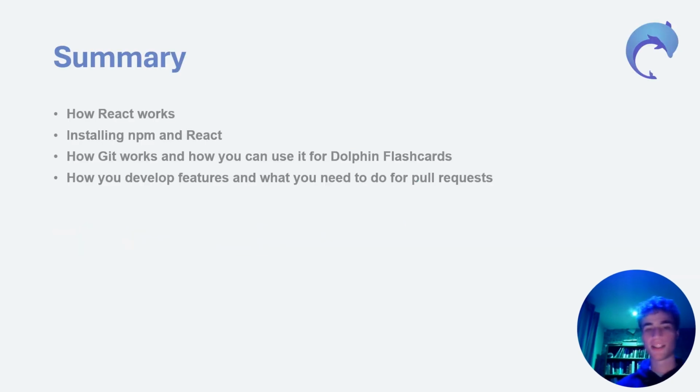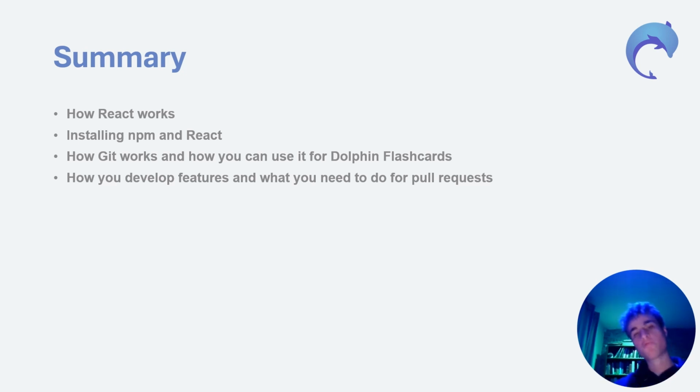So in summary, we've looked at how React works, and while we haven't looked at it in detail, I've hopefully given you a starting point, which you can then use to watch videos yourself, and I'll link videos in the description to explain how to do it. Then we've briefly looked at installing npm and React. npm allows you to install packages for React.